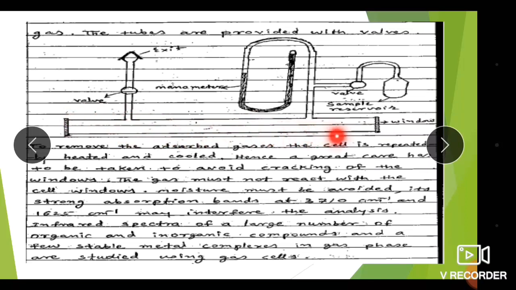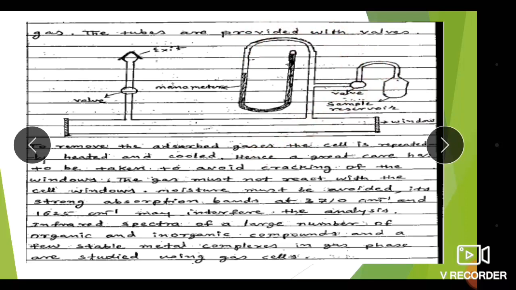This is the 10 to 30 centimeter length of the tube, and infrared transparent windows are made, and these two tubes are open toward the connection to the manometer. So this is to release the gas.